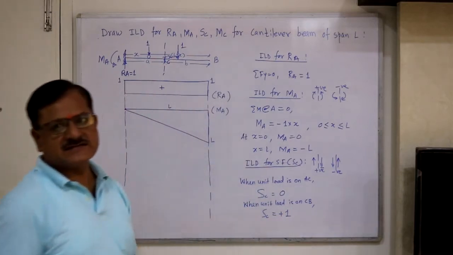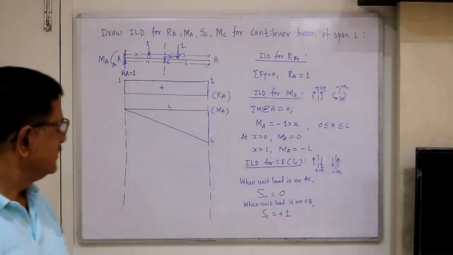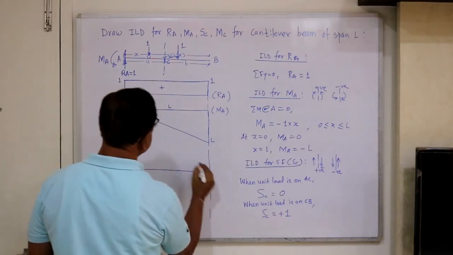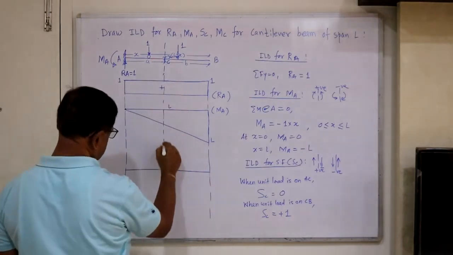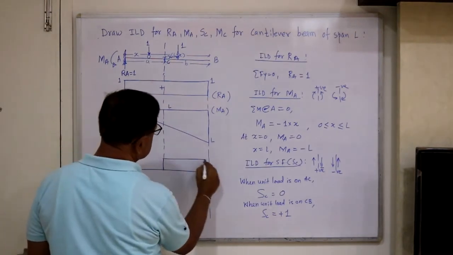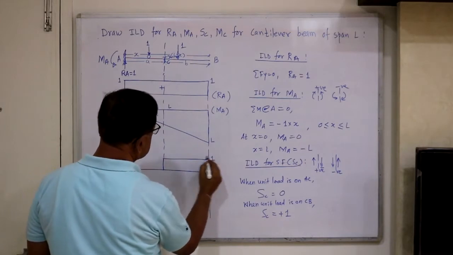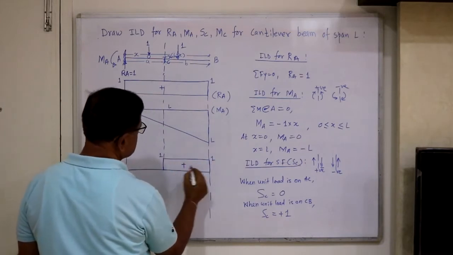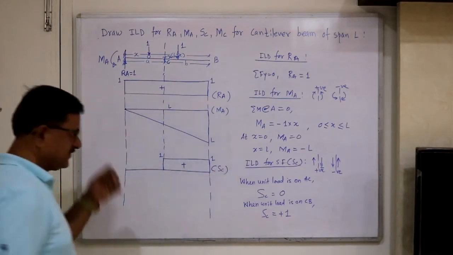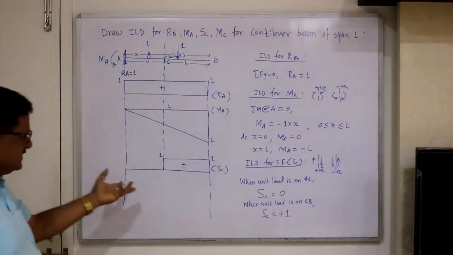Again, this is independent of position. So this is the section and this is the shear force. So this is 1, positive. So this is the ILD for shear force at C.